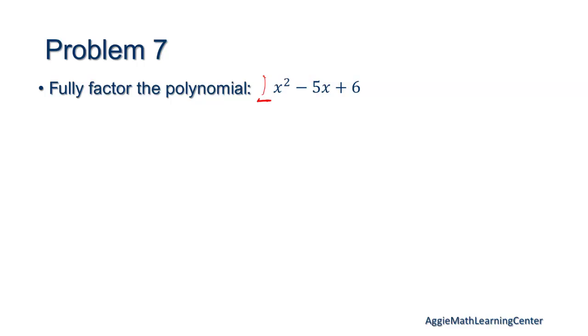The 6. Perfect. Okay, so I'm going to write 6 here. So what are my factors of 6? 1 and 6, and 2 and 3. Perfect. Okay, so we're wanting one of these pairs of factors to add together to get -5.